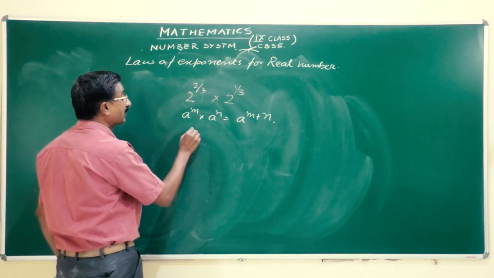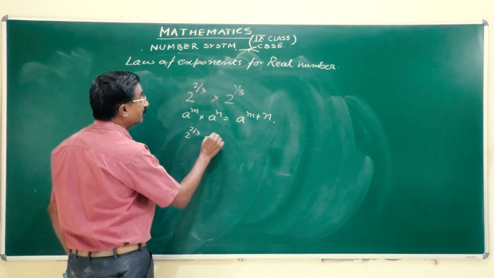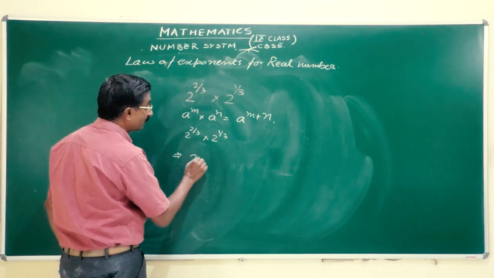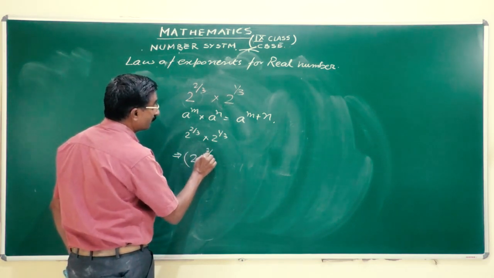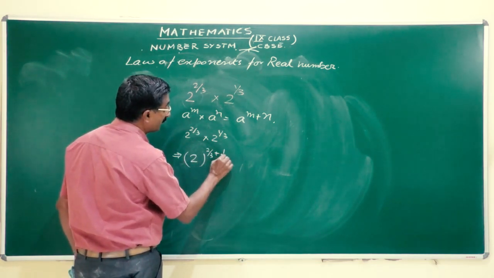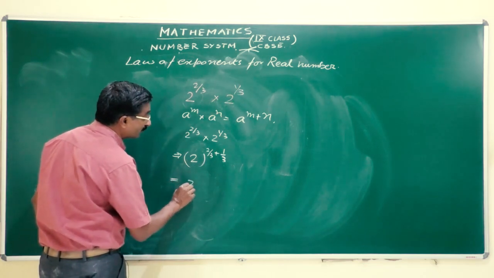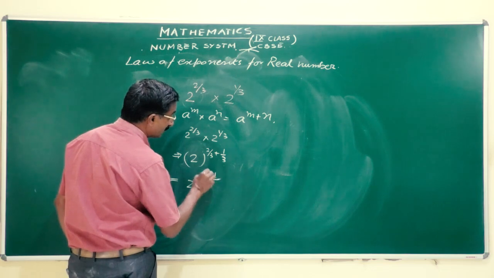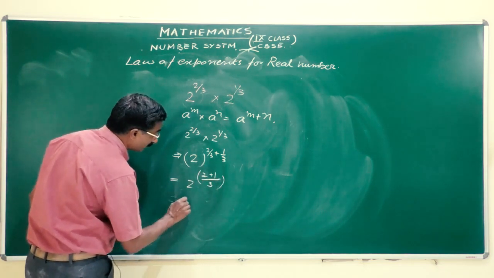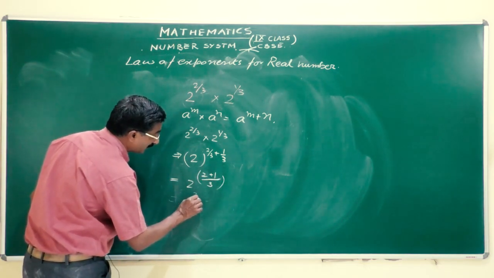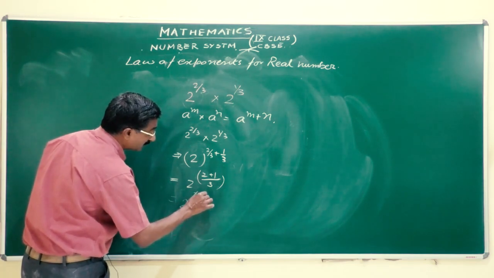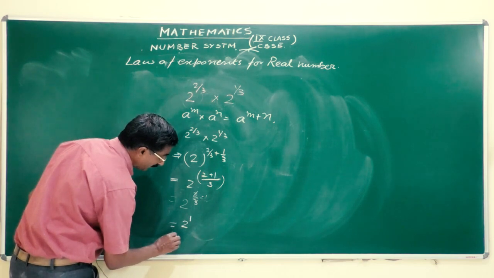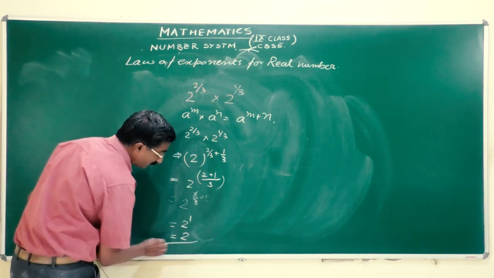So this can be written as 2 raised to the power 2 by 3 plus 1 by 3. So this is equal to 2 raised to the power 3 is the LCM, that is 2 plus 1. So this is 2 raised to the power 3 upon 3, the 3s cancel, which is equal to 1. So that is equal to 2 raised to the power 1, which means 2 is the answer.